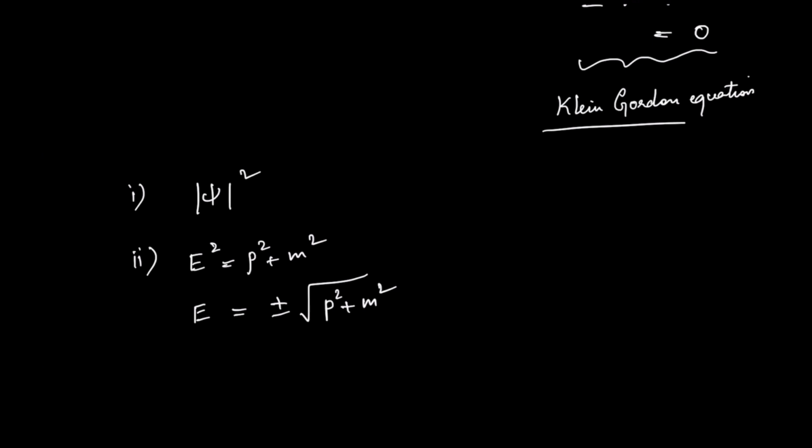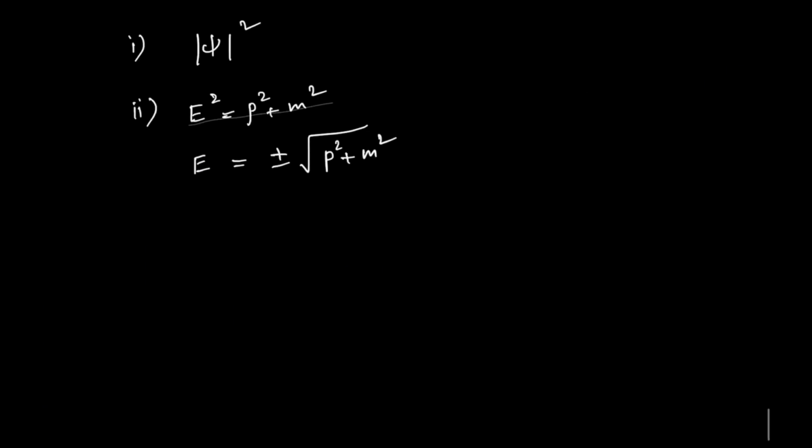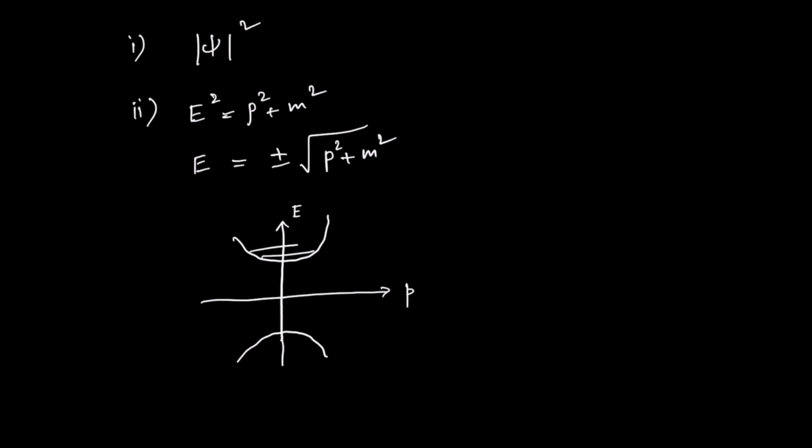If you can have both positive and negative energy, then in the dispersion relation you can see that there will be both positive and negative energy states available.